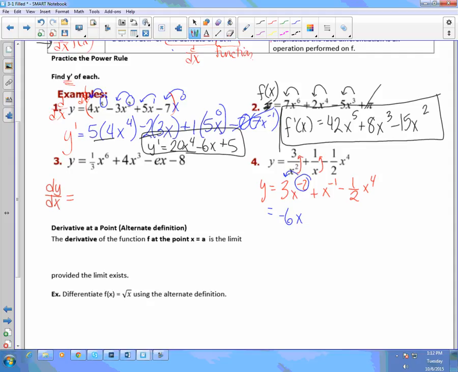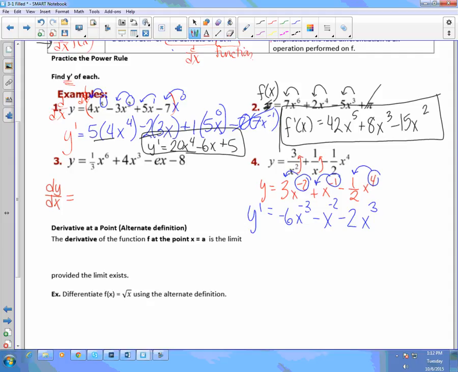It's not negative 1, it'll become negative 3. Plus, oops, actually not plus. This is y prime or f prime. Bring the negative in front. Negative x, and we have to decrease. Negative 1, subtract 1, negative 2. Bring it forward, and we'll put in front. We have negative 1/2 times 4 is negative 2, x to the third power.